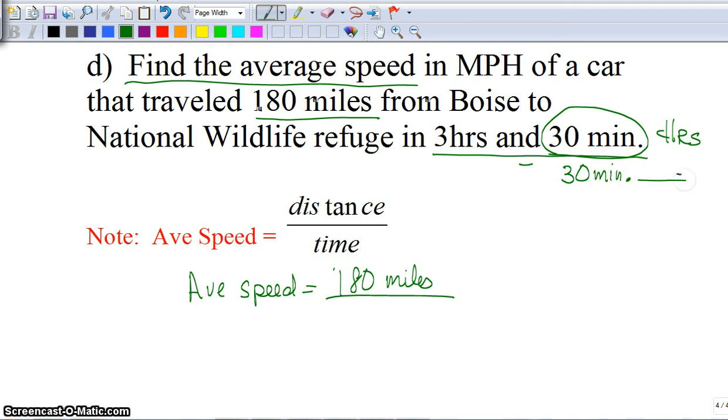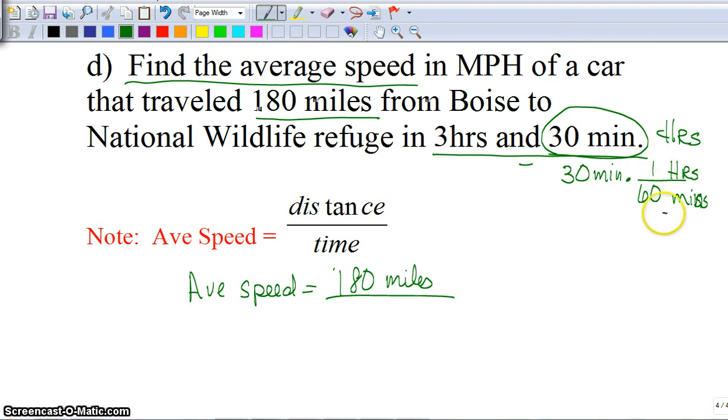I'm going to use a little unit analysis here. I know that I want to end up with hours, so I'm going to put hours on top. I want the minutes to cancel out. Well, how many minutes are in an hour? 60.